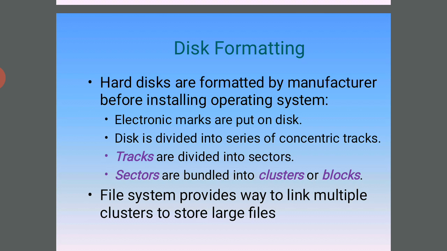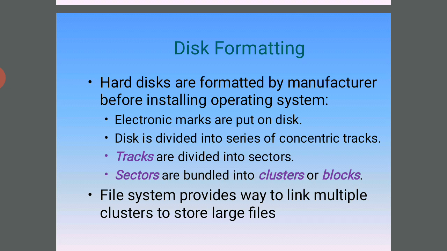The tracks are divided into sectors, and the sectors are bound into clusters or blocks. The file system provides a way to link multiple clusters to store large files. So in these large files we can store large information.